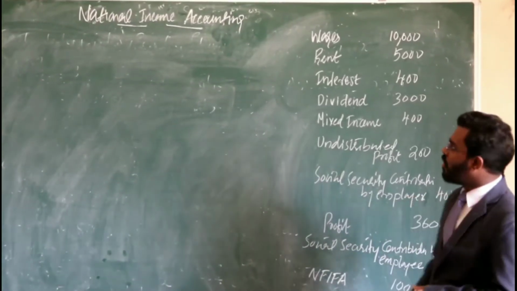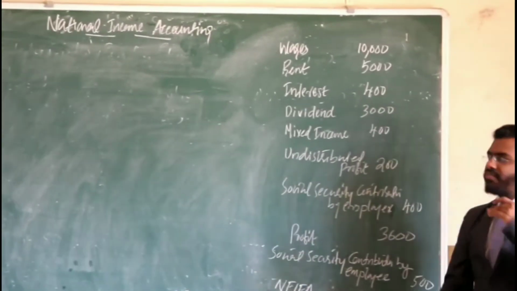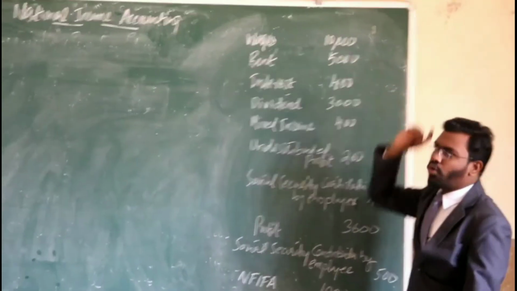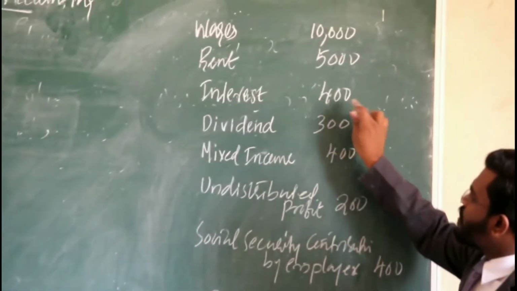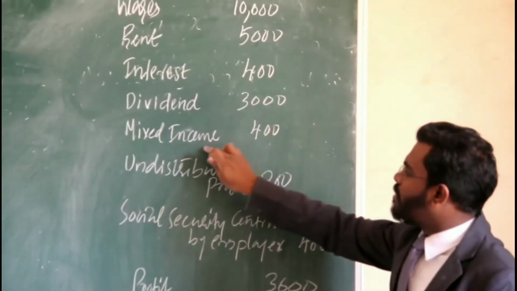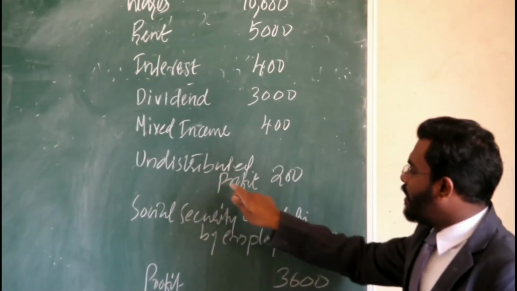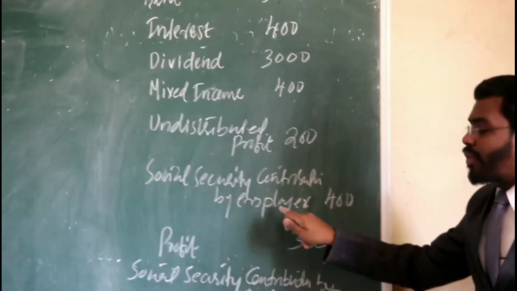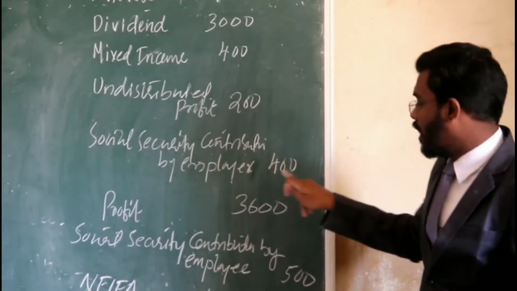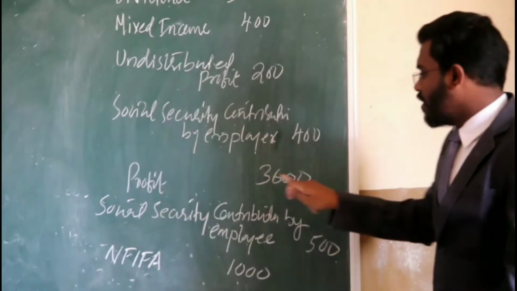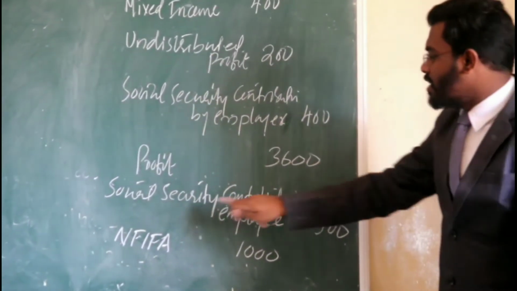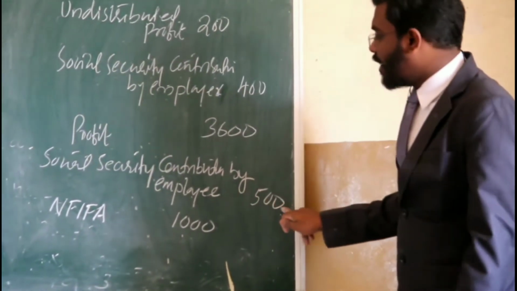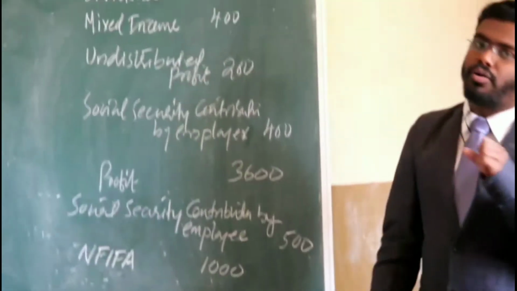Got it? So, second question. In the question it is given that wages is equal to 10,000, rent is equal to 5,000, interest is 400, dividend is 3,000, mixed income 400, undistributed profit 200, social security contribution by employer 400, profit 3,600, social security contribution by employee 500, NFIFA 1,000.